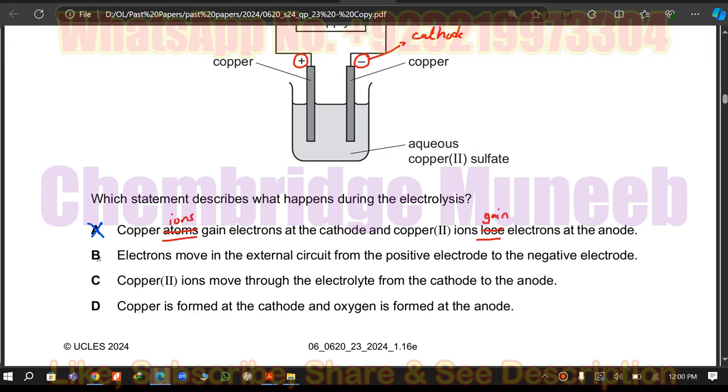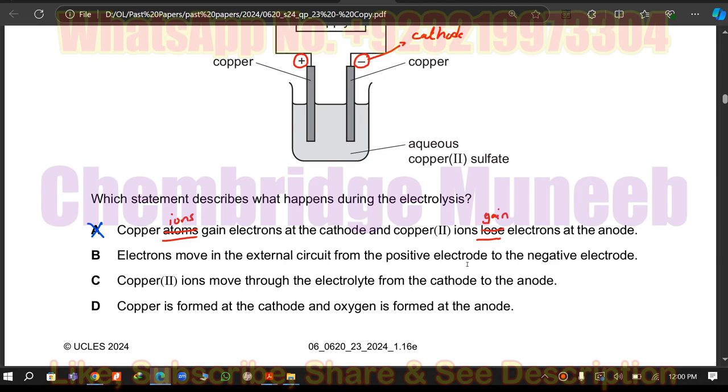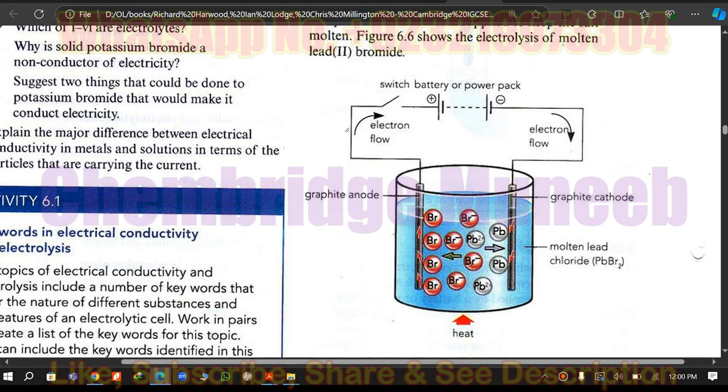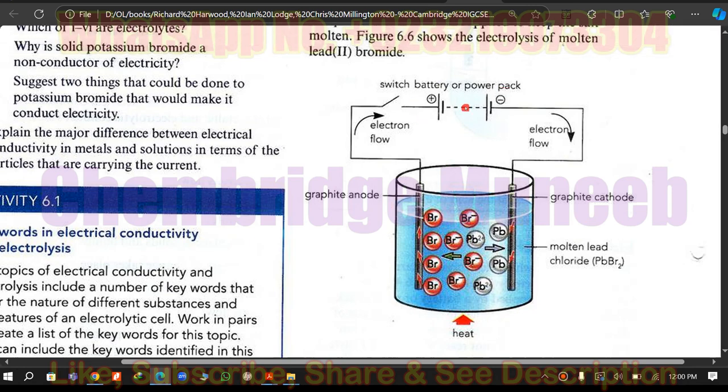Then option B says electrons move in the external circuit from the positive electrode to the negative electrode. For this purpose we need to look at the picture again. Here is a picture of the movement of the electrons in the external circuit.